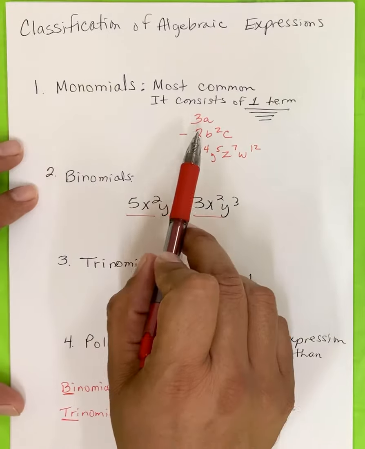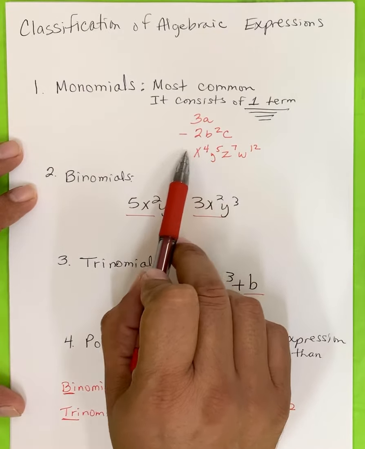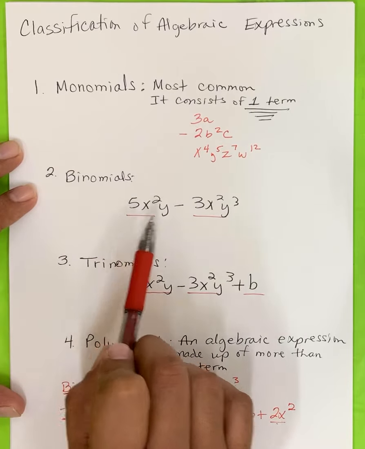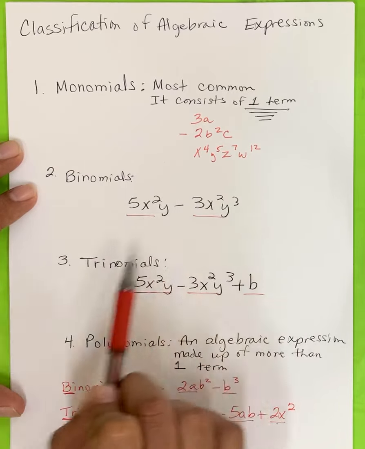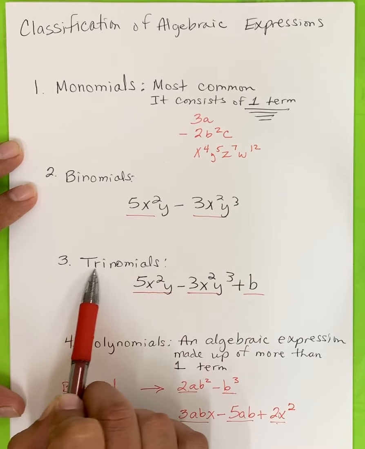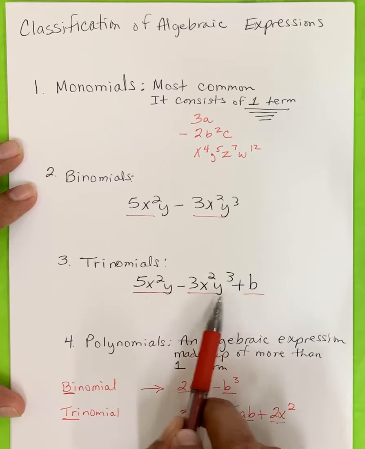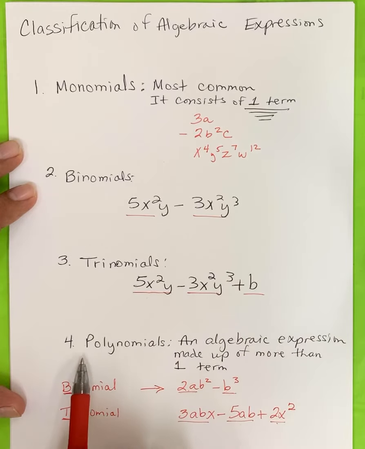Like this is a monomial, just by itself. Binomials are made up of two terms or two expressions. Tri means 3, tres, it's made up of 3: 1, 2, 3 terms or 3 expressions.